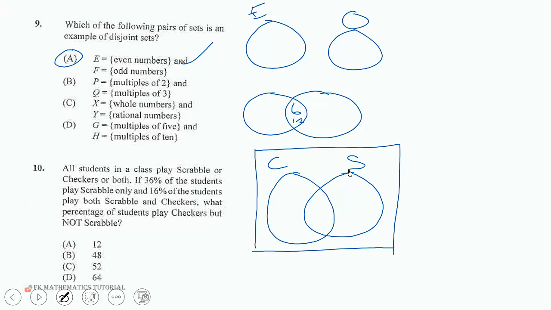If 36% of the students play Scrabble, so 36. Then those who play checkers, 16% of the students play both Scrabble and checkers, so 16. So the universal set will be 100 because we are dealing with percentage.